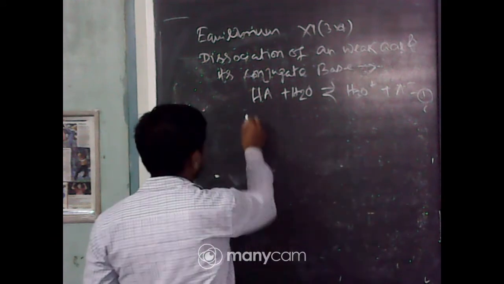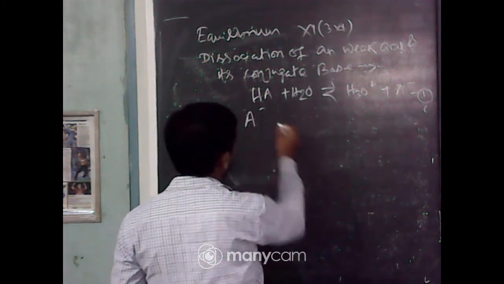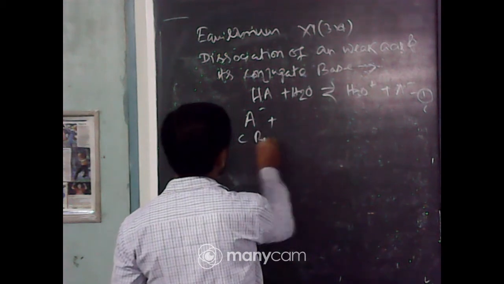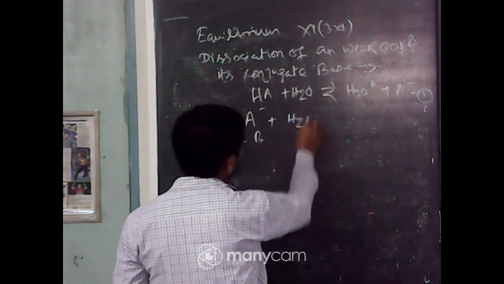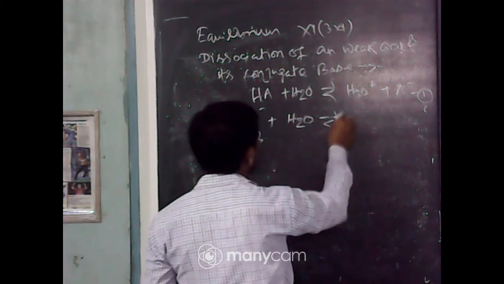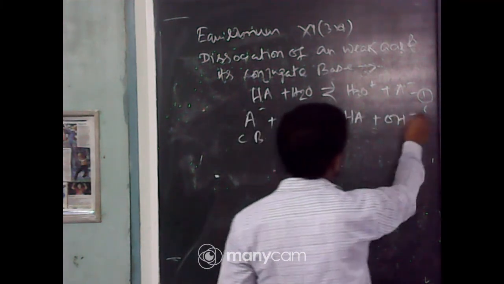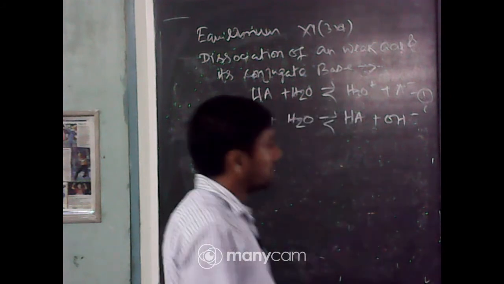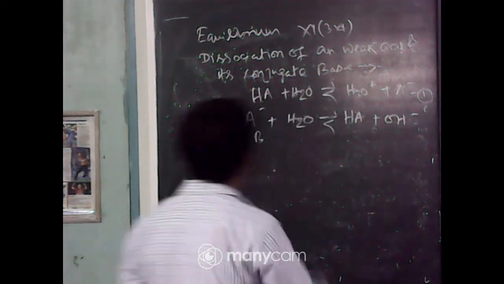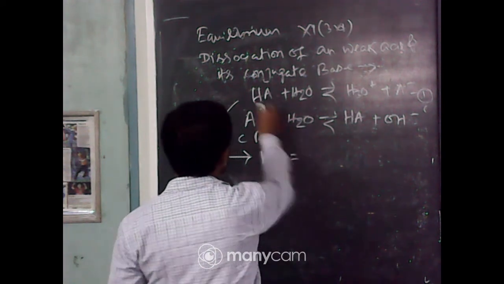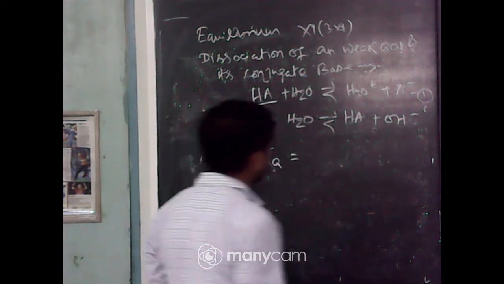Next one, A minus, that is the conjugate base, plus H2O forming HA plus OH minus. Right? Clear? From the first equation, it is Ka because it is the acid, Arrhenius acid.